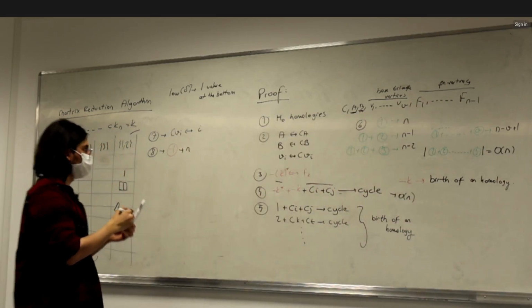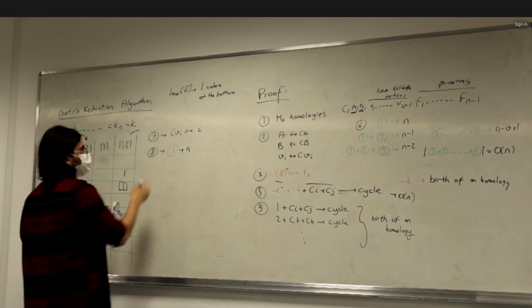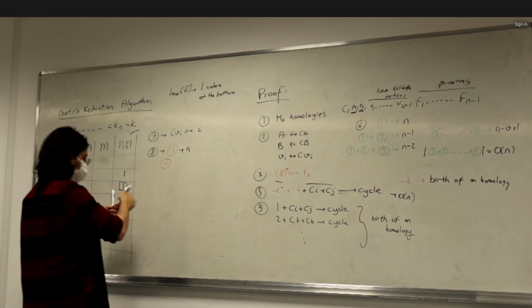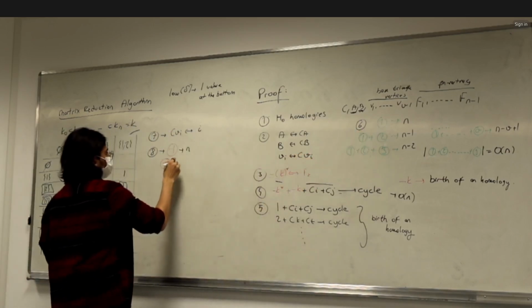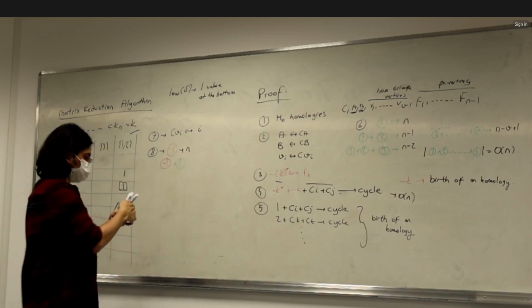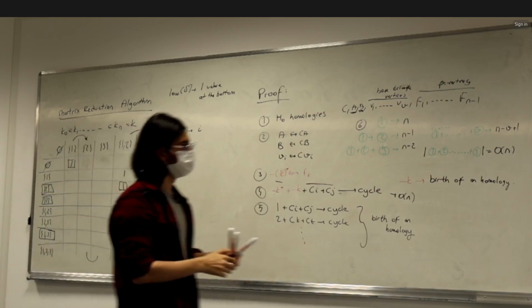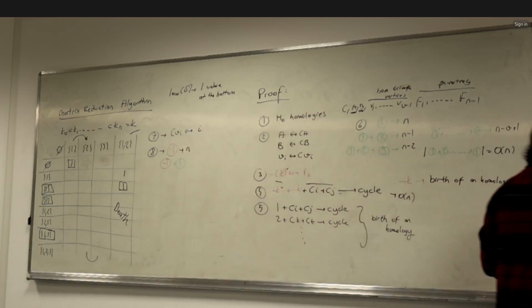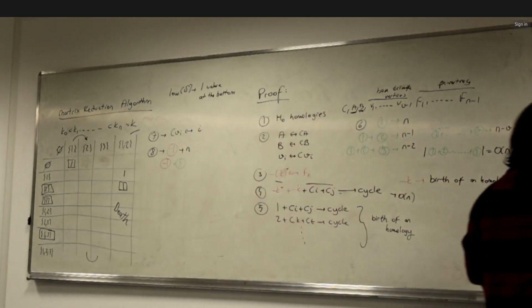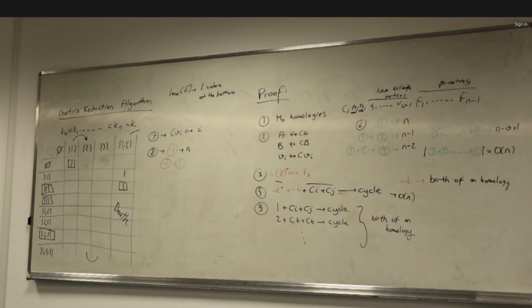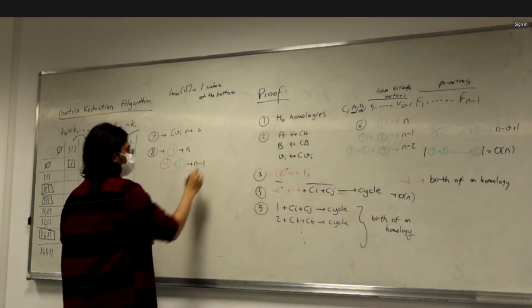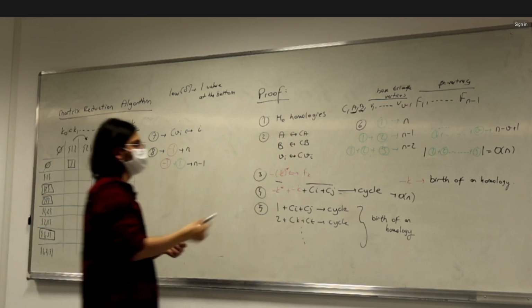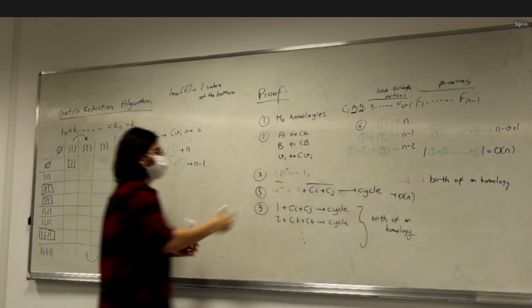But to get rid of this n, first we need to add the 1 to it. But when we add 1, the boundaries of 1 is n-1 and 1. So the new low, according to this filtration, will be n-1. But the n-1 low has already been taken by this, so we need to add this to this.